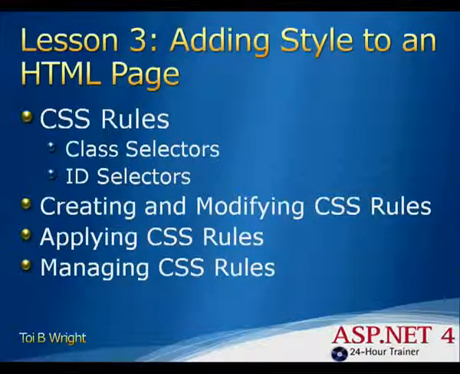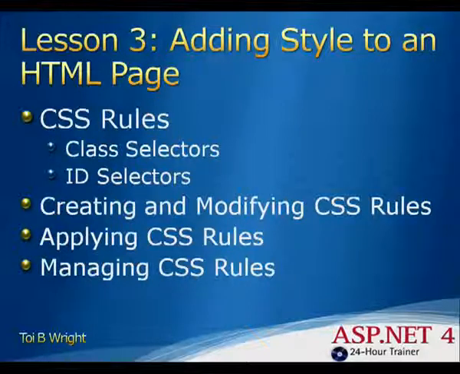As I said in Lesson 1, HTML defines the structure of a page, while cascading style sheets define the styles on a page. A cascading style sheet is made up of a collection of CSS rules. A CSS rule consists of a selector and one or more declarations.